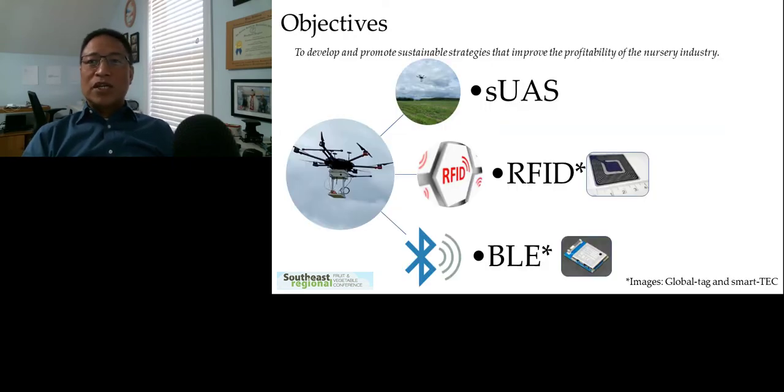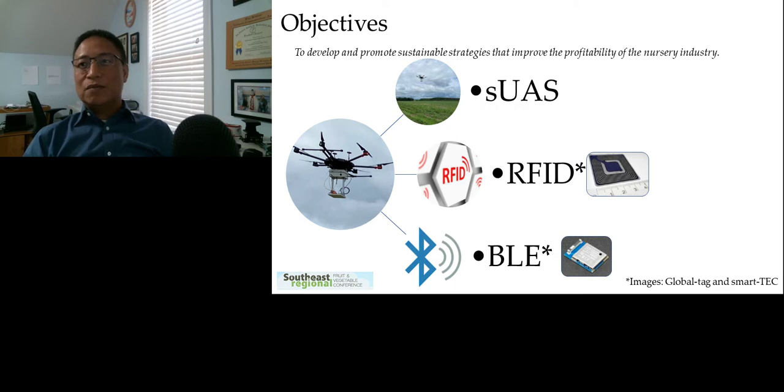The overriding objective of this research effort is to develop and promote sustainable strategies that improve the profitability of the nursery industry. The specific objective of this project is to demonstrate merging specific ground and aerial-based technologies, such as the aerial-based unmanned system, RFID, and BLE, in a whole system approach to address the specific need of providing on-demand plant inventory.